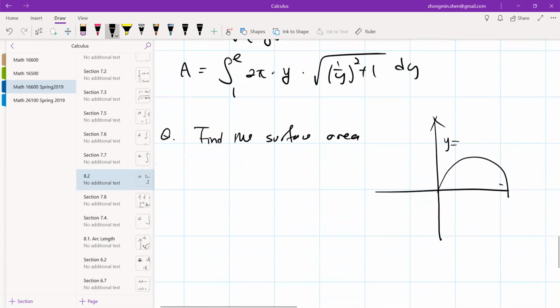So this is a 2. The rotation is about the x-axis. If you rotate about the x-axis, what do you get? You will get something like a ball. Okay, so this is my picture.